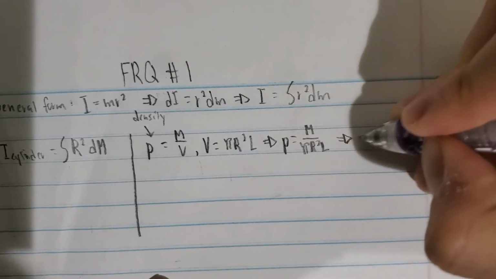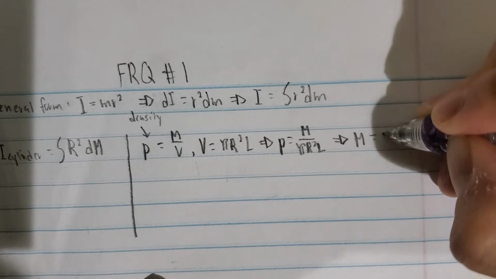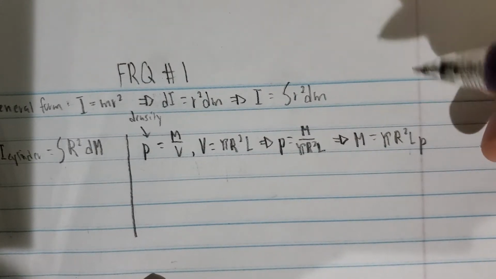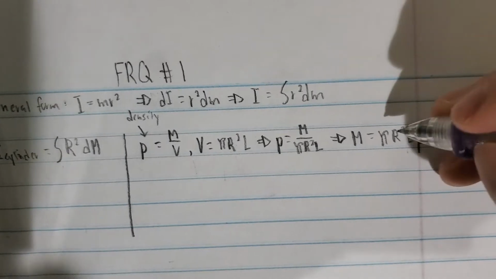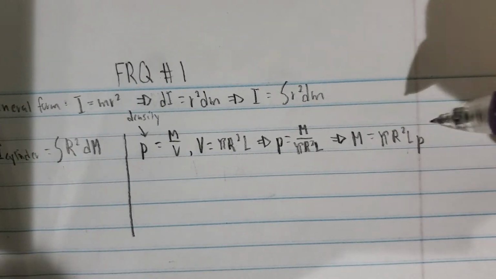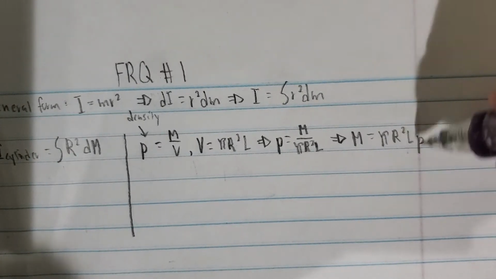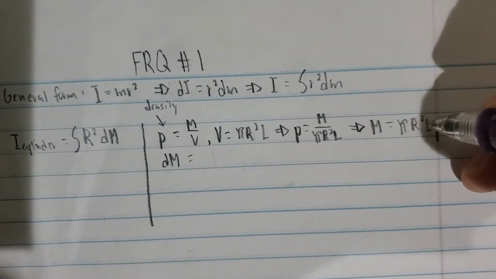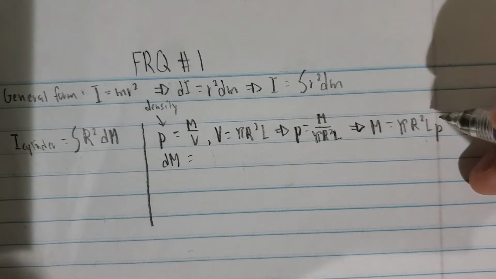So my m is going to be equal to pi r squared times L times density. Now I'm going to take the derivative of m with respect to r. On this side I'm going to have the derivative of m, which is dm. Since I'm taking the derivative with respect to r, everything else is a constant, so everything else will stay the same.